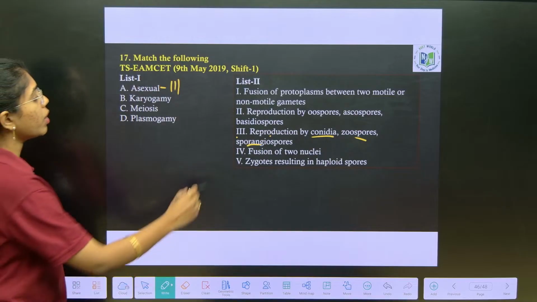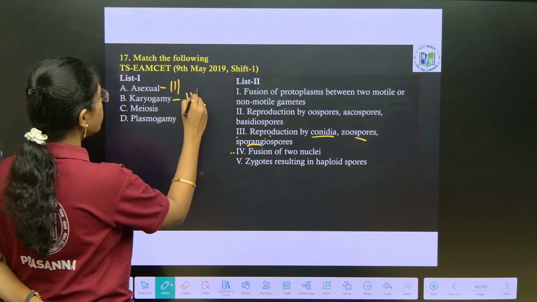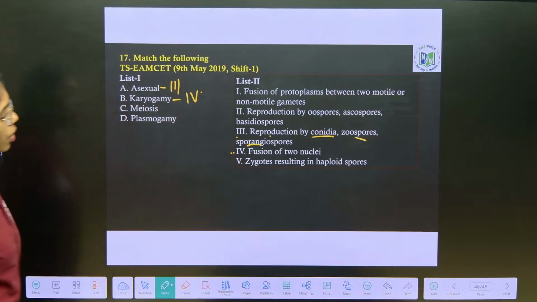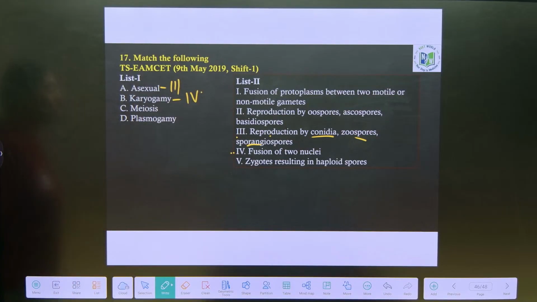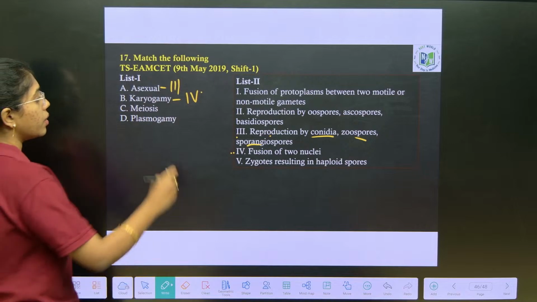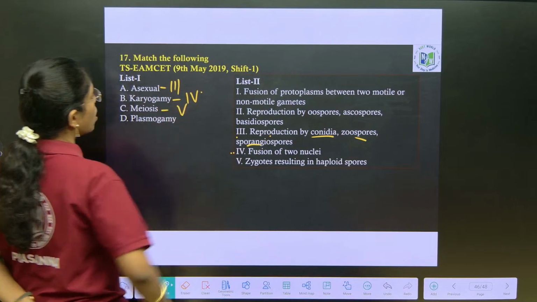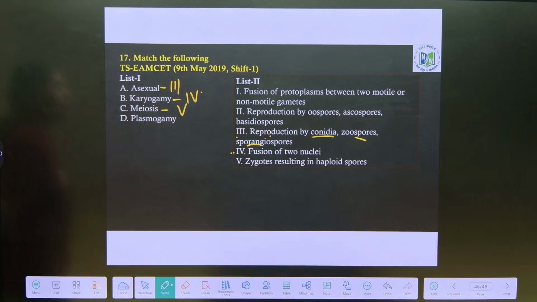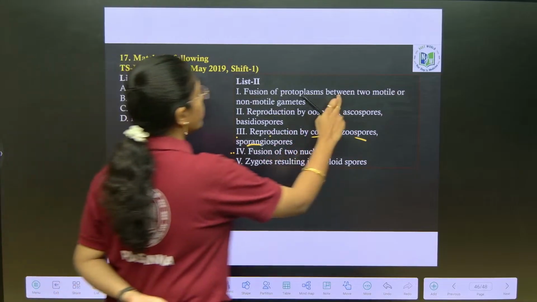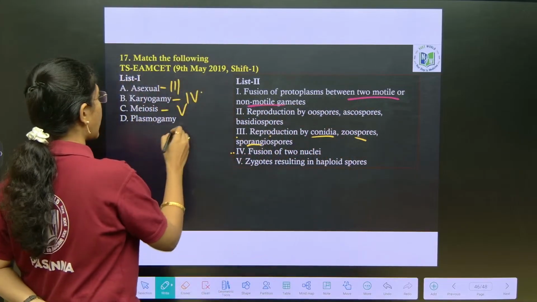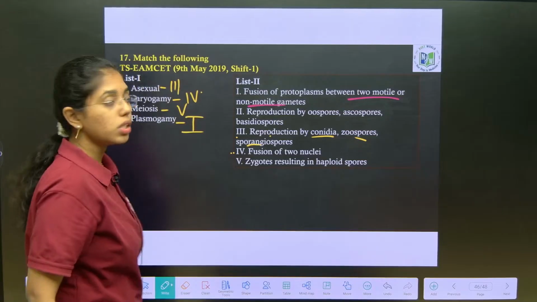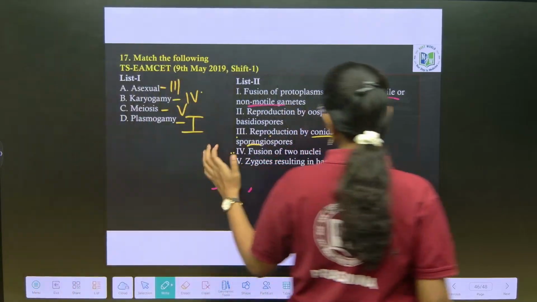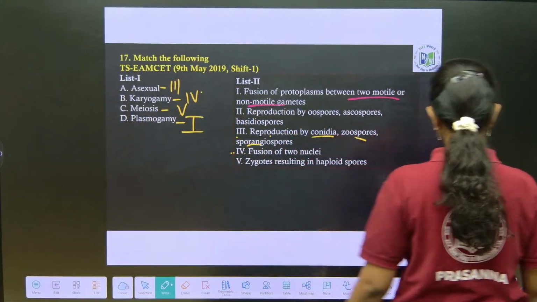Karyogamy is the fusion of 2 nuclei, which is option 4. Meiosis, zygotes resulting in haploid spores by reductional division, is 5. Plasmogamy is fusion of protoplasms between 2 motile or non-motile gametes, which is option 1. This is the proper match between column 1 and column 2.